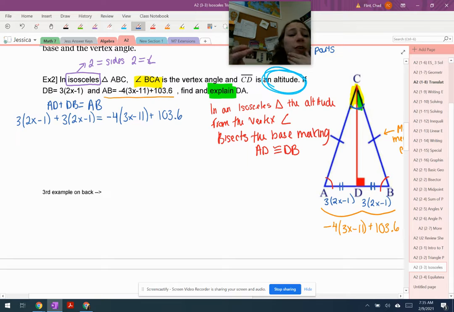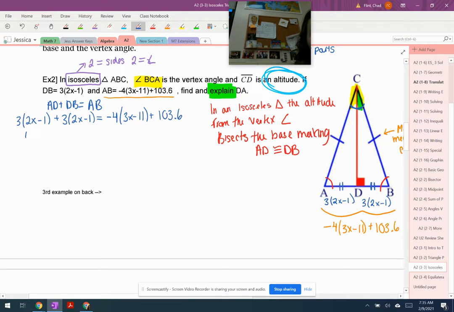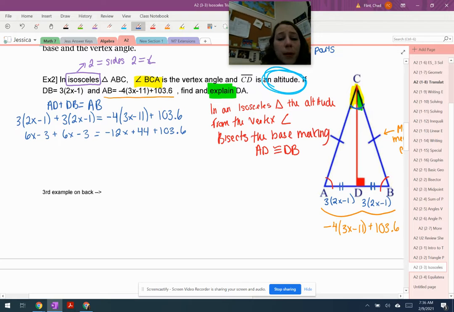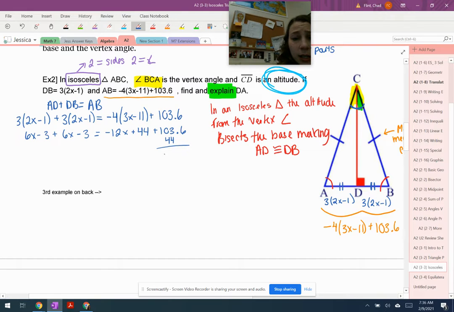And this is where we do some wonderful math. 3 times 2 is 6x minus 3 plus another 6x minus 3, negative 12x plus 44 plus 103.6. 103.6 plus 44 gives me 147.6.